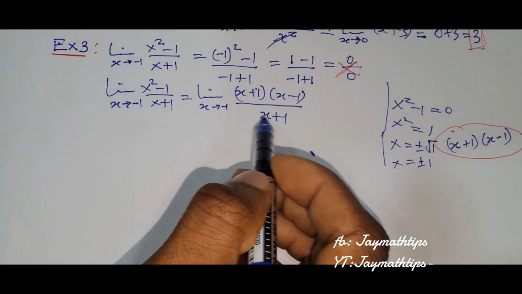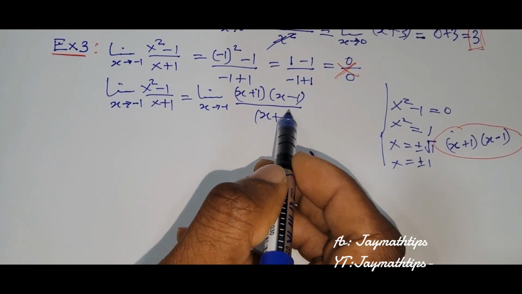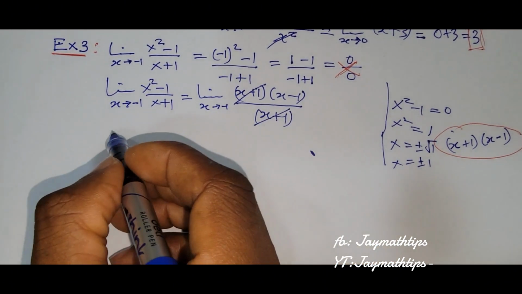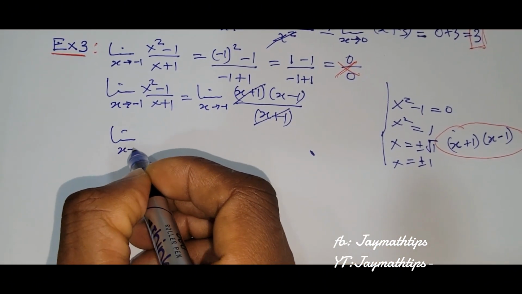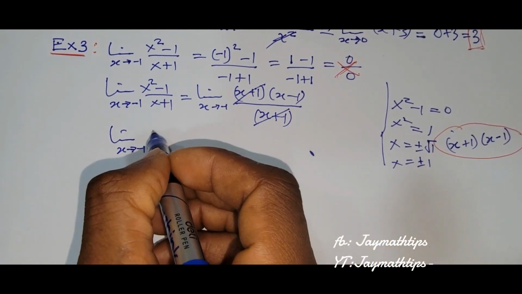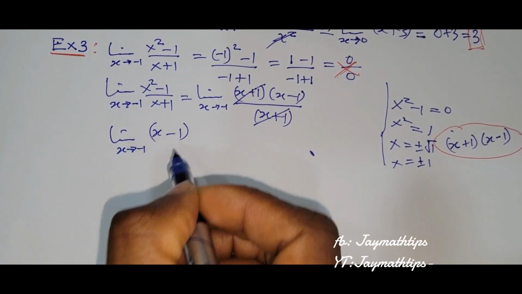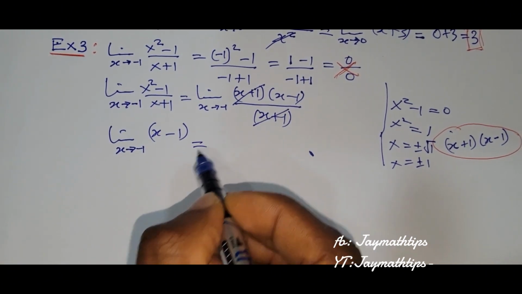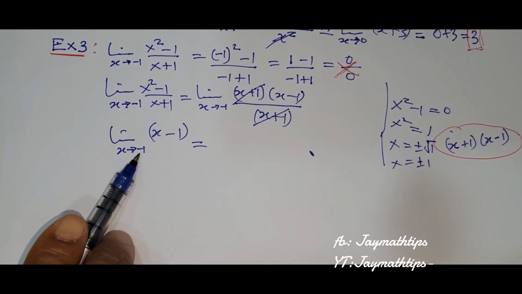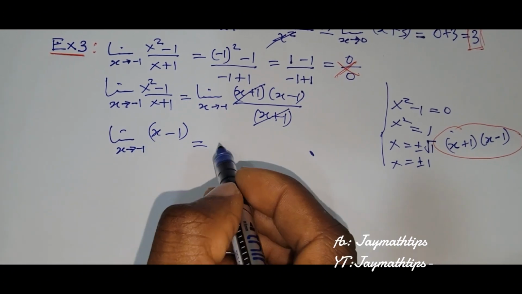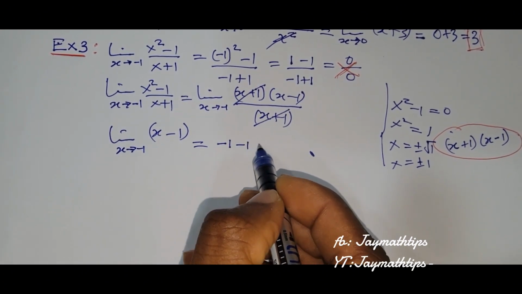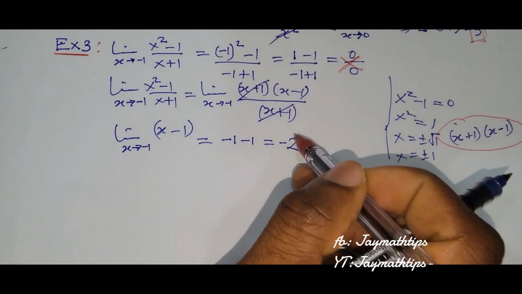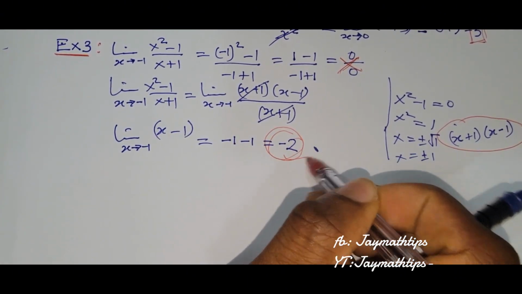You find that this very one here are the same, so you can cancel out, and you are left with the limit as x approaches minus 1 of x minus 1. Here you are going to plug in this value. By the time you do that, you have minus 1 minus 1, and the answer is what? Minus 2. This is our answer.